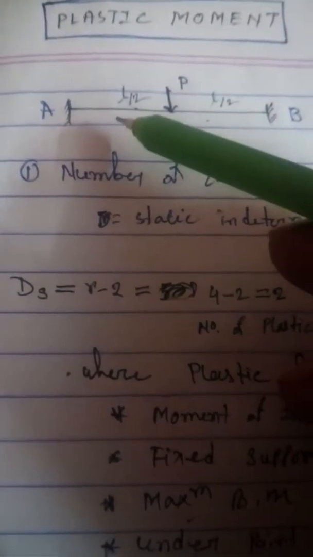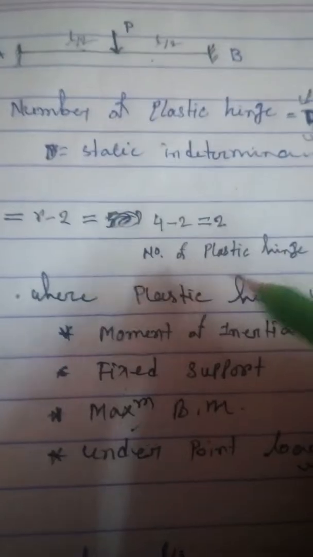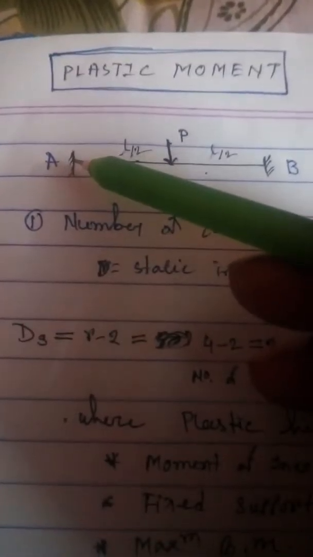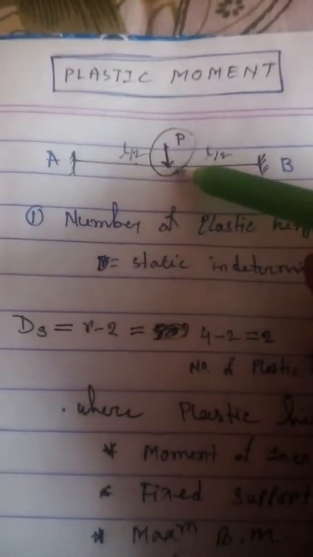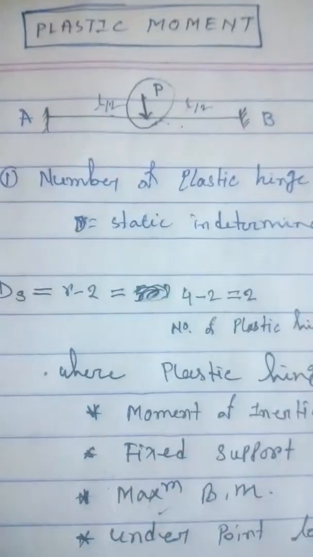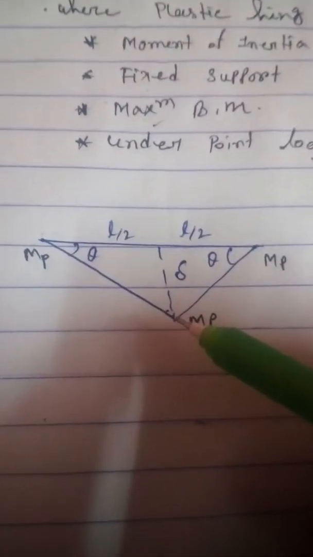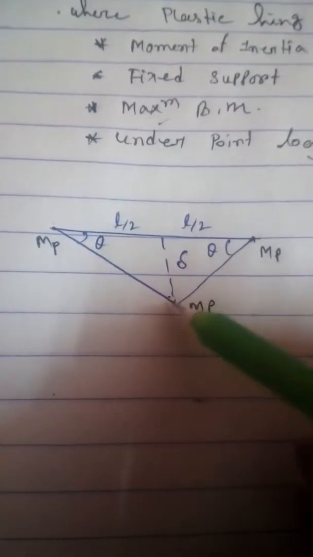In this case we know that the number of plastic hinges will be 3. So plastic hinges will form at the fixed supports and under the point load. The diagram will reflect in this way. Suppose the moment carrying capacity is MP.